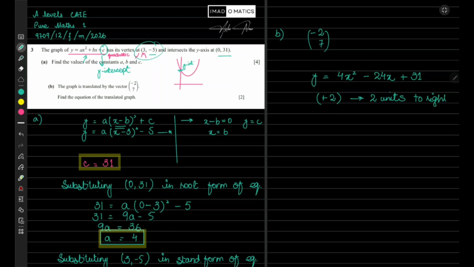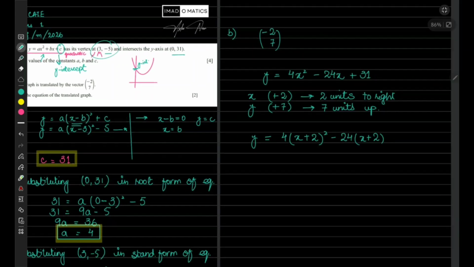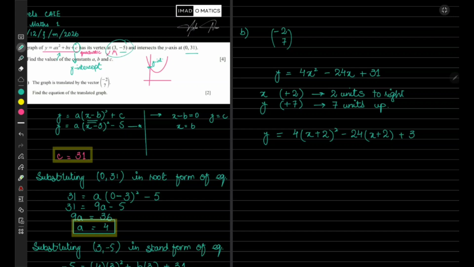So that means you need to add 2 in your x, and positive 7 means 7 units up. So in y, 7 must be added. How will you rewrite this equation? In the bracket with x you need to add 2 everywhere: 4(x plus 2) square minus 24(x plus 2) plus 31, and in y you need to add 7. So in this whole equation we will be adding 7.